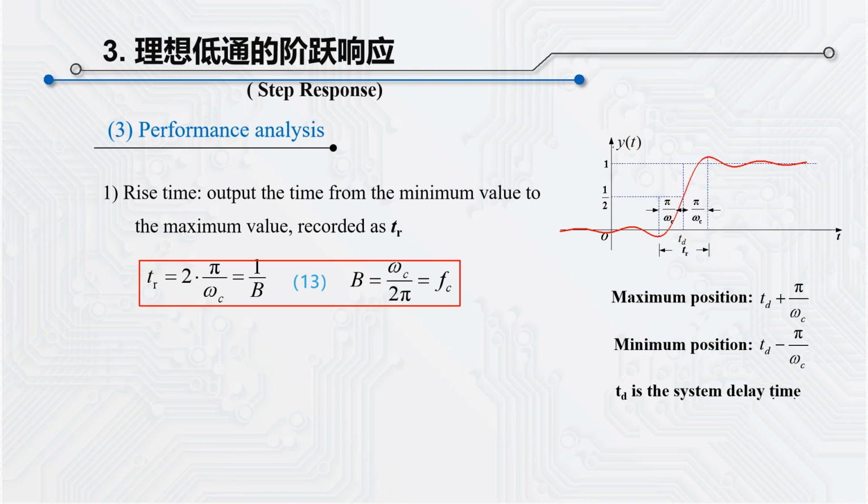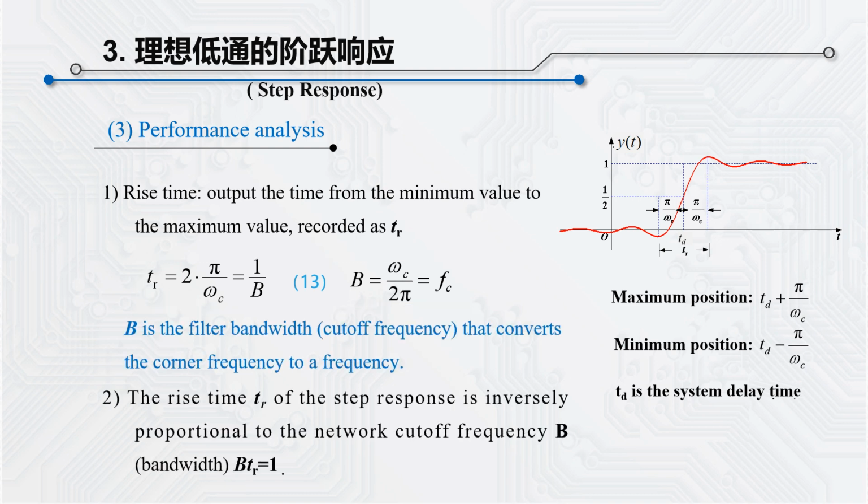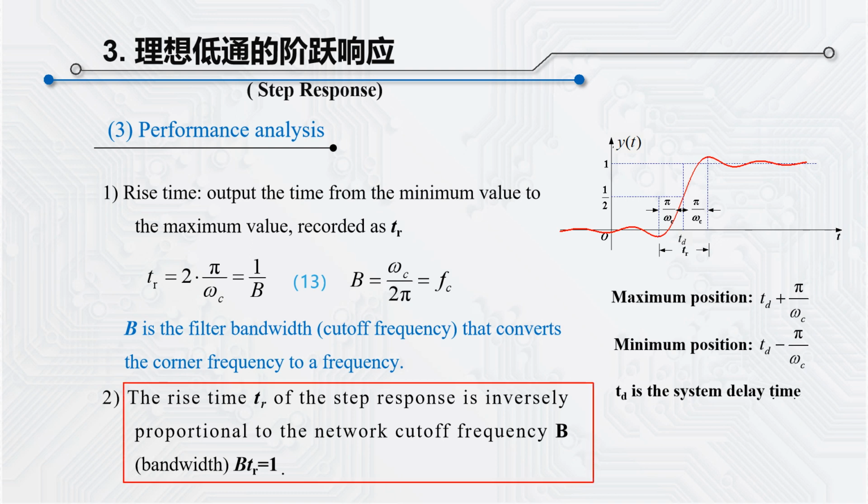B is the bandwidth of the filter that converts the corner frequency to frequency. It is also the cutoff frequency of the filter, but its unit is hertz. Obviously, the rise time Tr of the step response is related to the cutoff frequency of the network, and they are inversely proportional.